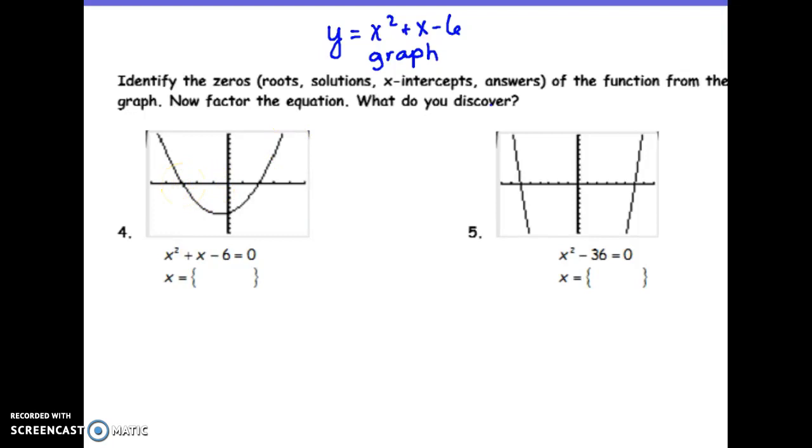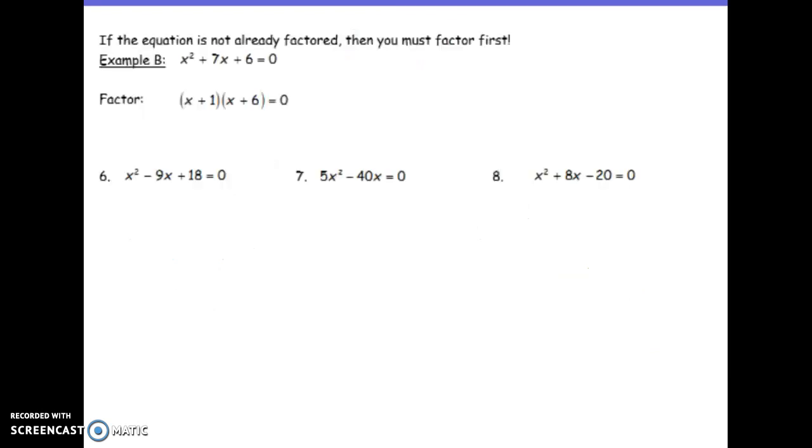This is at negative 3 and then positive 2. So you can solve it, and it's a lot easier just by looking at it if it crosses at a whole number. So x squared minus 36, if you graphed it, you would see it crosses at negative 6 and also positive 6. But either way, you could have factored each one of those and determined the solution as well.